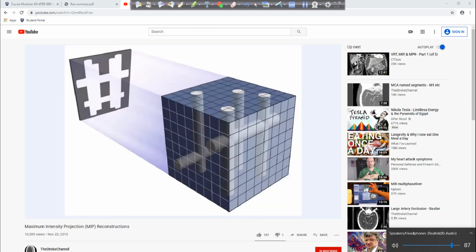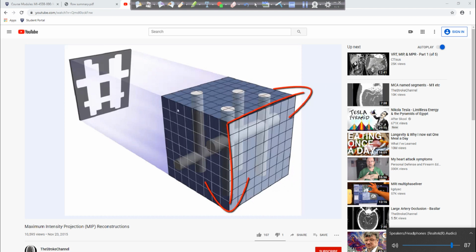Okay, so how does this work? What is the computer doing with the information from the original CTA angiogram to generate these thick-slab reconstructions? We imagine that the brain is this stylized cube consisting of individual voxels, or three-dimensional pixels. Then we have an x-axis and a y-axis, and we imagine each of our thin sections is here.